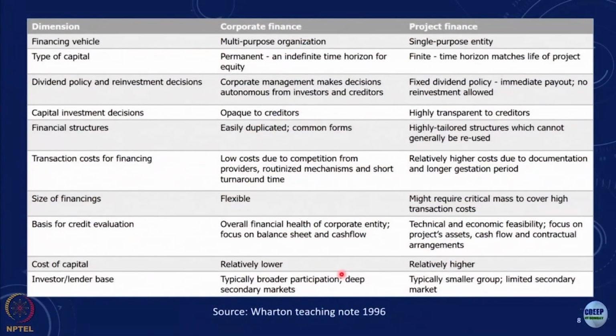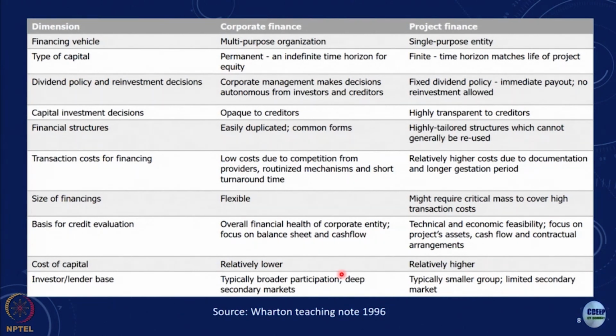There are two types of different finances, and if you look at it, we have corporate finance, which is financing a company, a multi-purpose organization that has many different products and can get into different lines of business. On the other hand, there's a project.